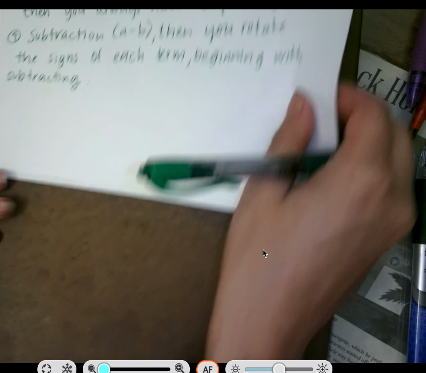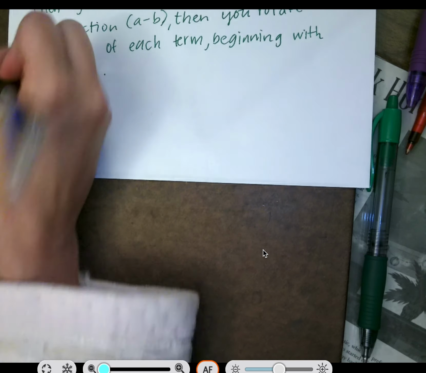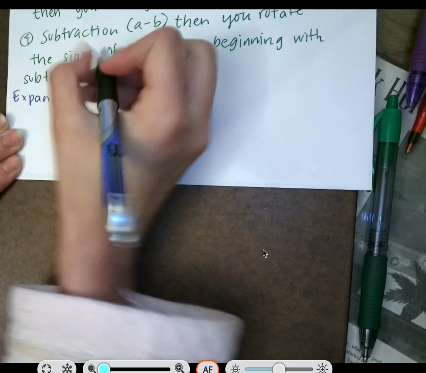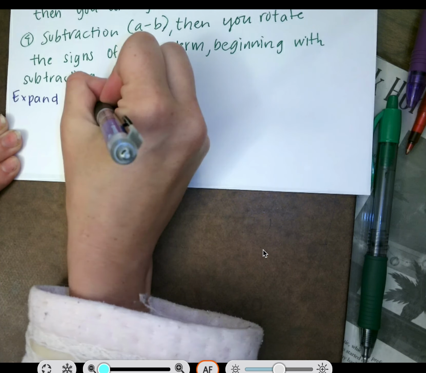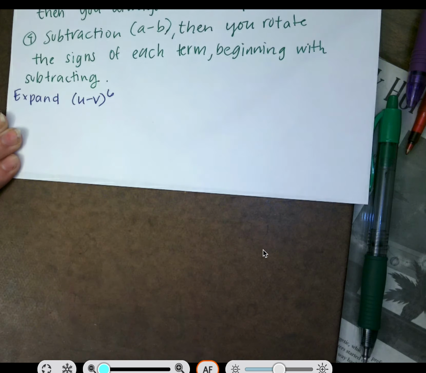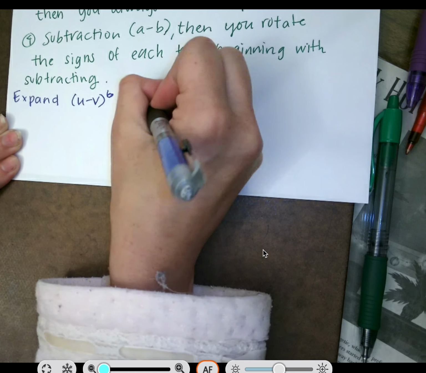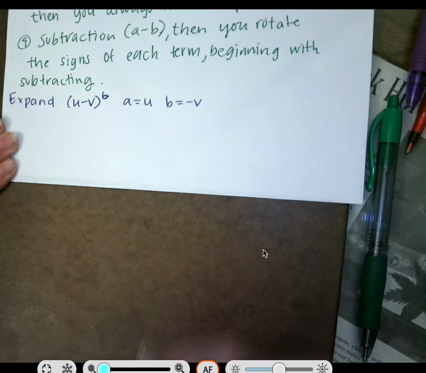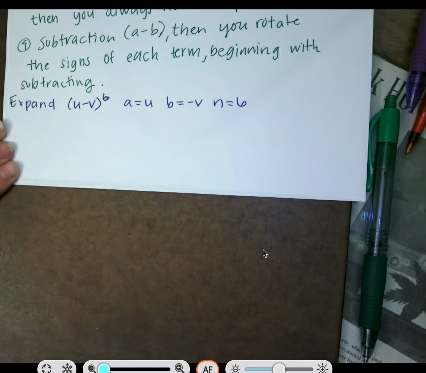Let's do an expansion for u minus v to the power of 6. Here, our a equals u, b is negative v, and n equals 6.